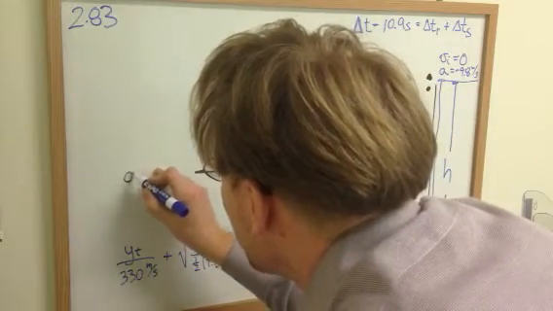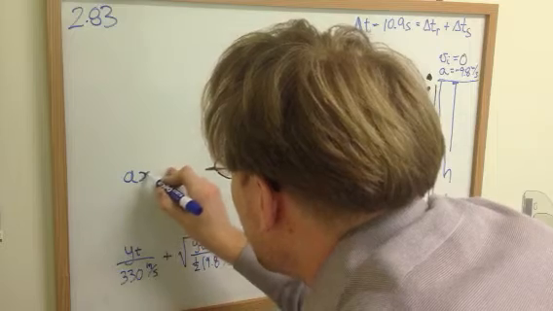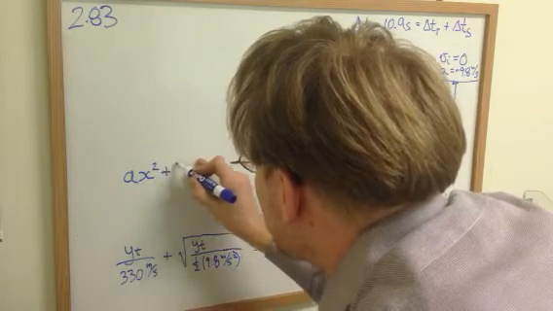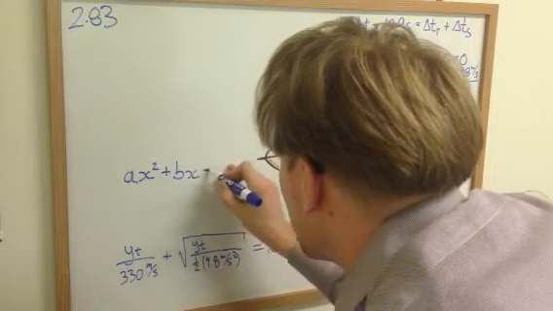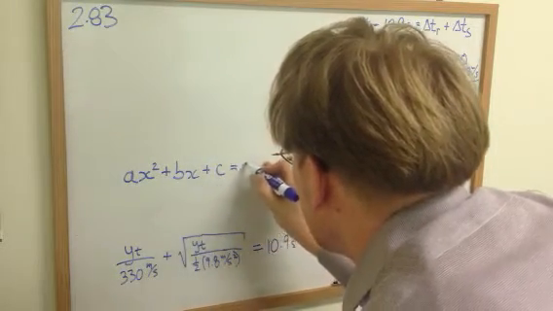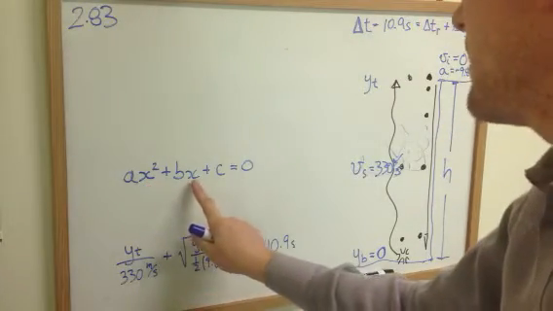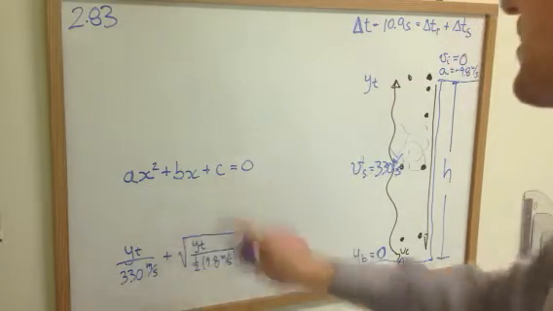Let's look at the form of a quadratic equation. A quadratic equation is normally stated as ax squared plus bx plus c is equal to 0. You have a squared term, a linear term, and a constant equal to 0.